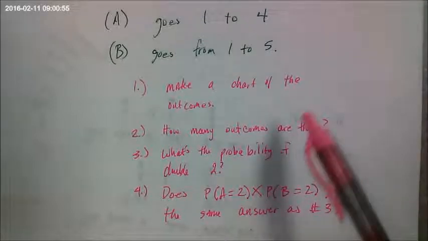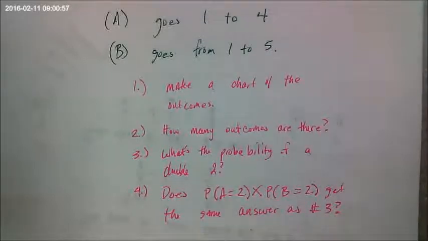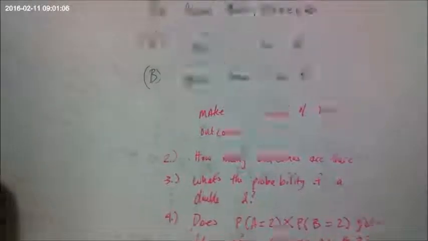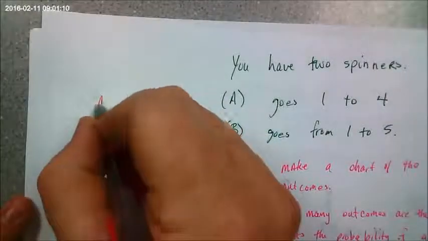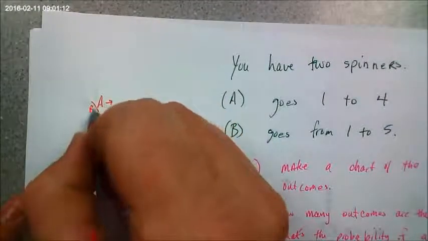Do you guys know what the chart's going to look like when you make it? You're going to have one spinner's outcomes go across horizontally and the other spinner's outcomes go vertically. I'll do it the same way I did it earlier. We're going to have A go this way and B go this way.